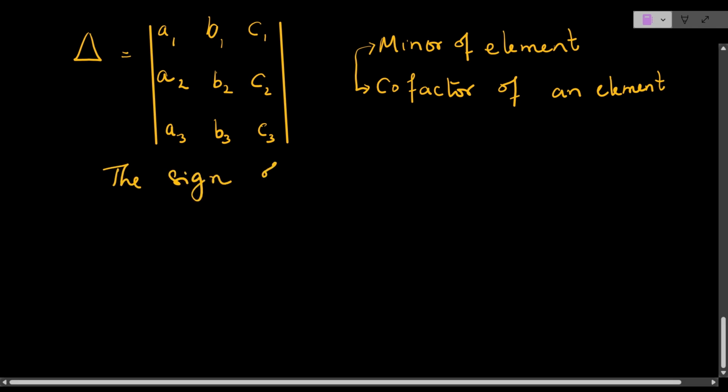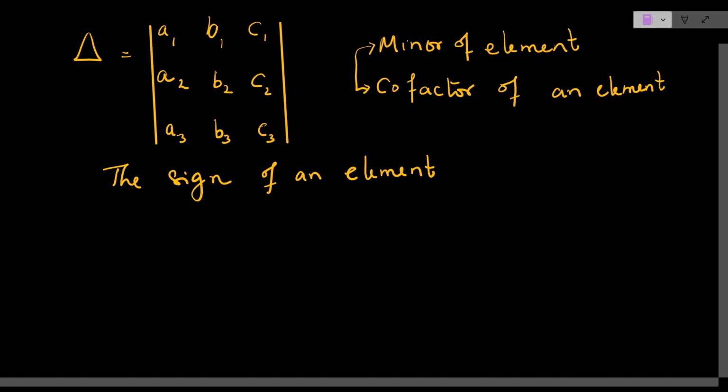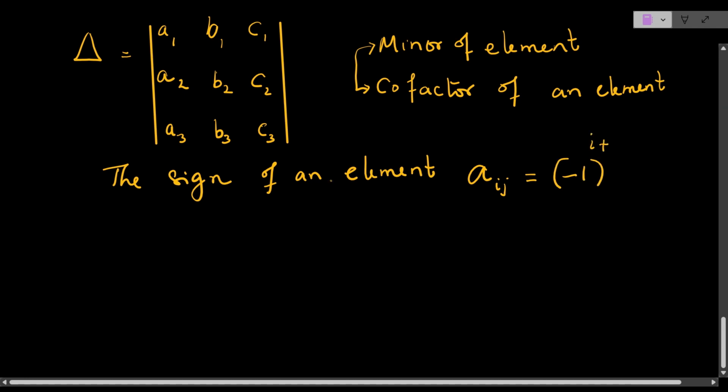The sign of an element inside the determinant is given by (-1) to the power i plus j. Understood? i and j are rows and columns. Here we are having 3 rows and 3 columns. This is the determinant of third order.